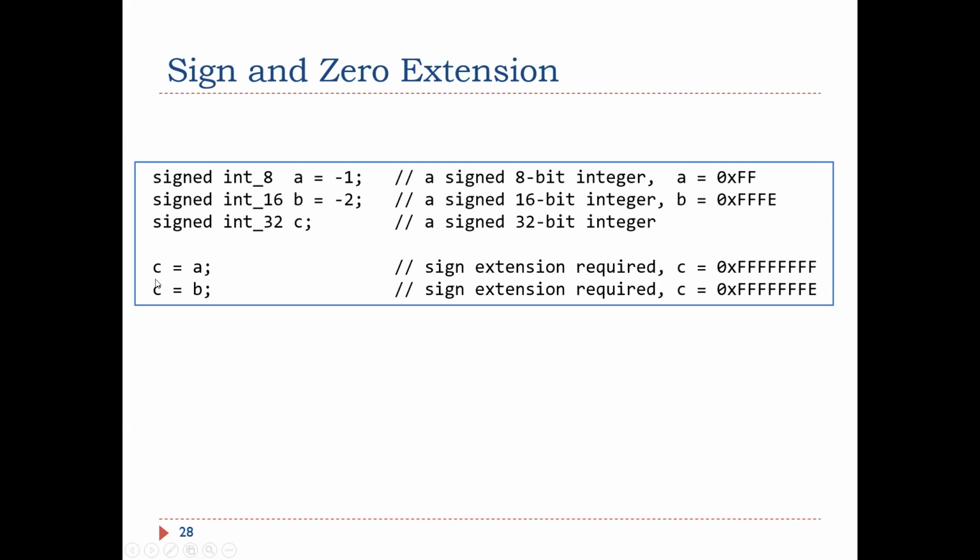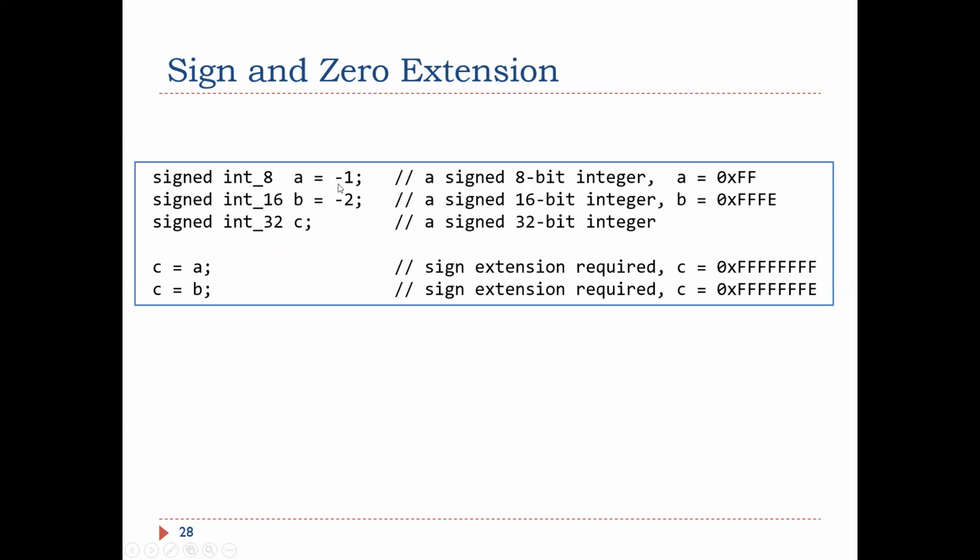Now let's say C is 32-bit data. We copy A, which is FF, to C. C is 32-bit data, and here is 8-bit data. So what is going to happen? The 3 upper bytes, because C has 4 bytes and A has 1 byte.